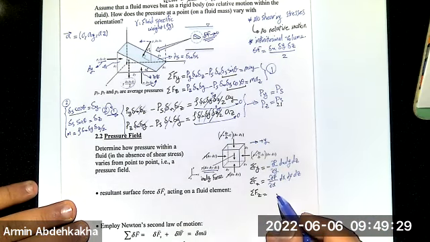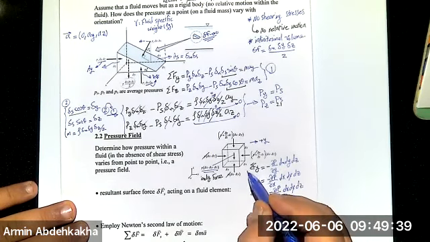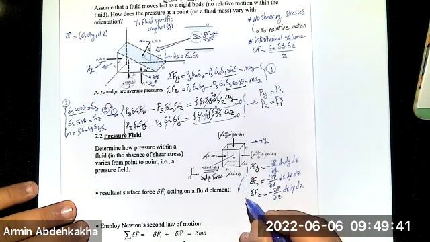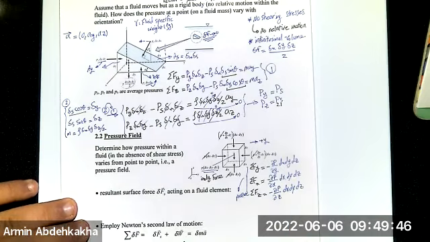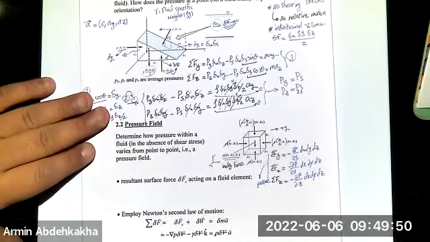Then you have the derivative of p over z, dx, dy, dz. These are only the forces for pressure. Okay, so as surface forces.